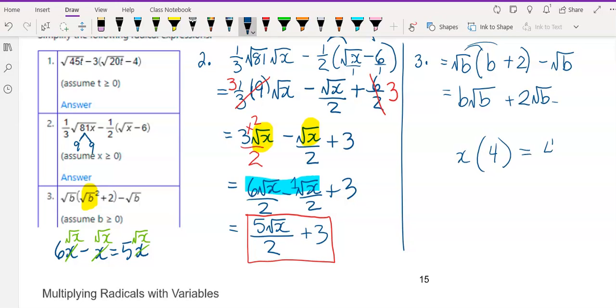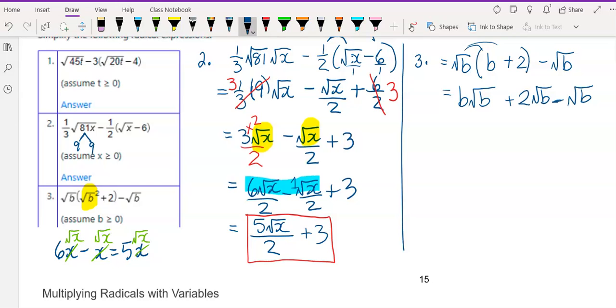Well, you write it as 4x. So if I have a root b times a b, you're just going to write it as b root b. Okay? So there is a multiplying section coming up. This one's a little bit premature because we will do a lesson on it in 2.7. But anyway, you can handle it. It's not too big of a jump, I don't think.